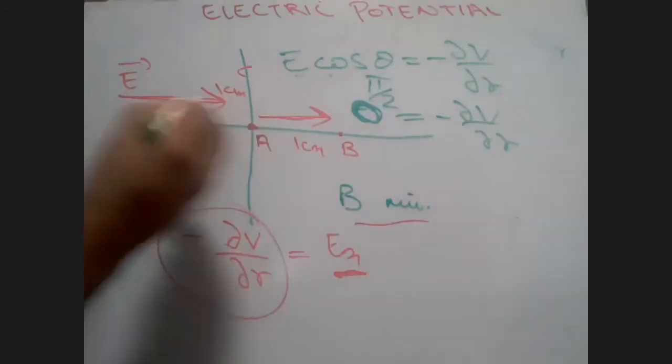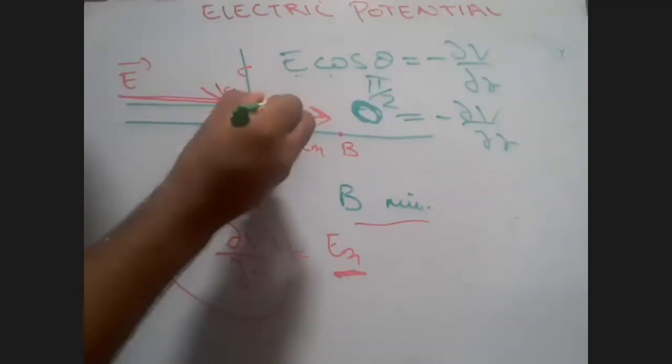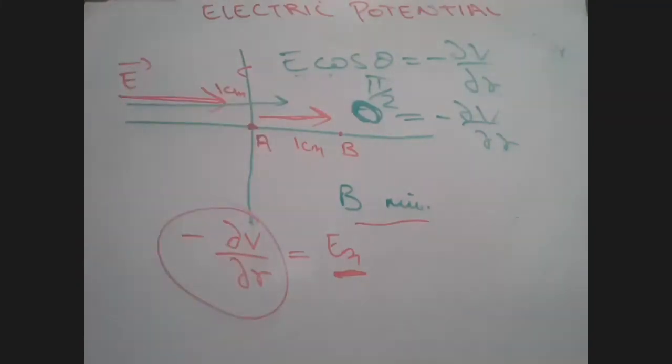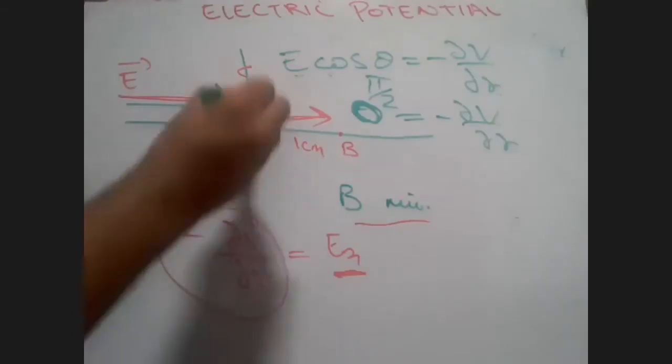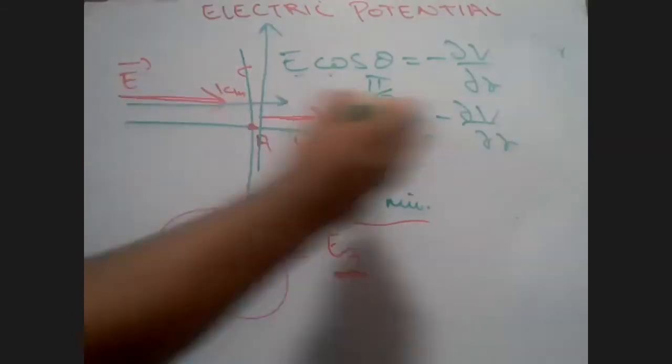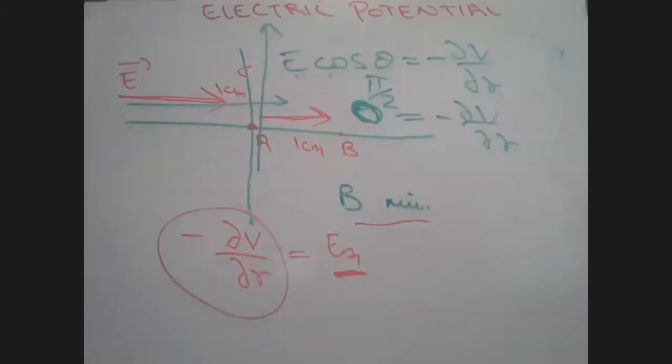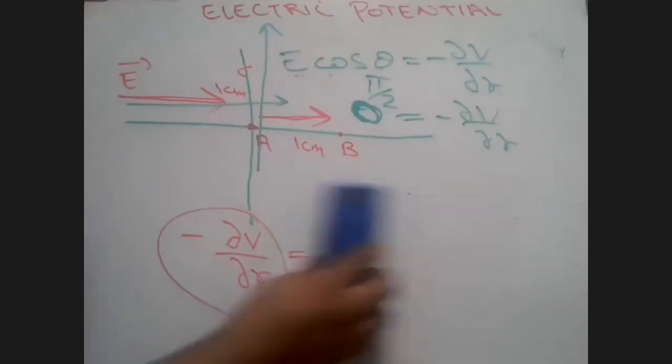Look here. Electric field is in which direction? X-axis direction. I am asking you to find out the potential at C. Potential at C is perpendicular to the x-axis direction. So is the rate of change of potential going to be 0? Yes or no?